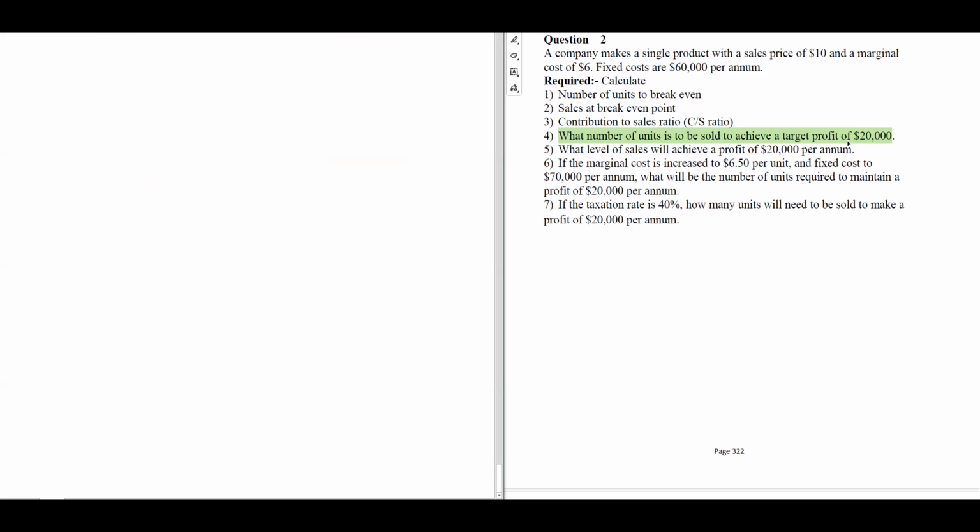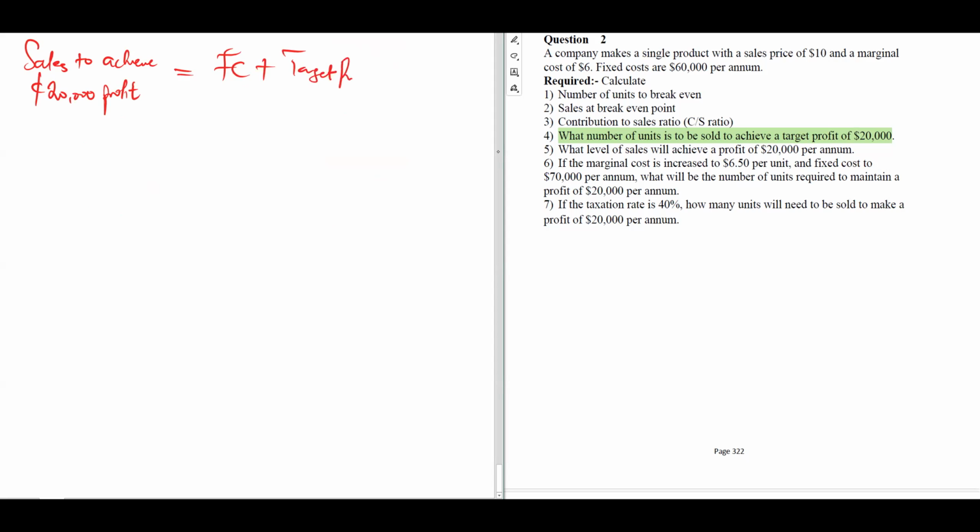Okay, the next question was what sales will achieve that 20,000 profit? So sales to achieve a profit of 20,000 cedis will be fixed cost plus target profit, over the CS ratio.